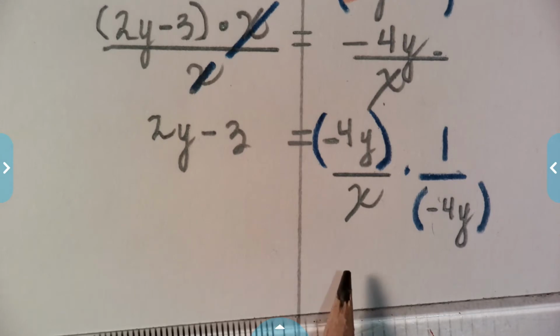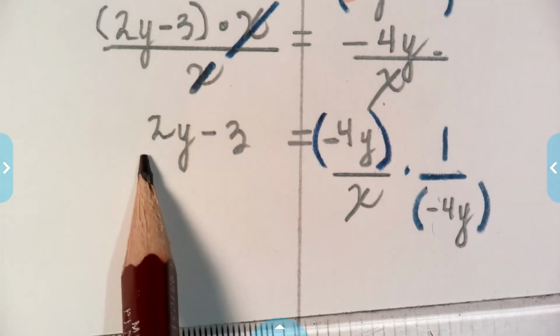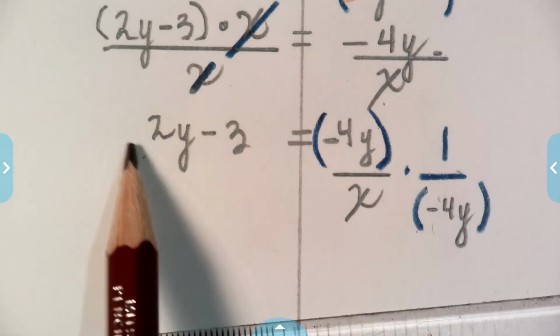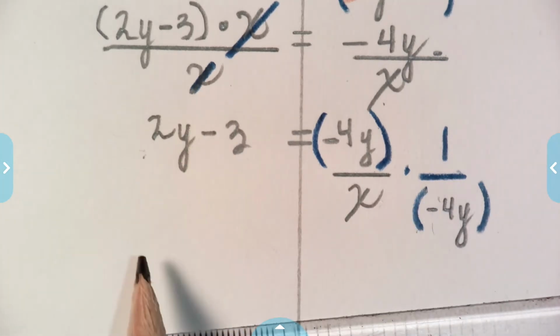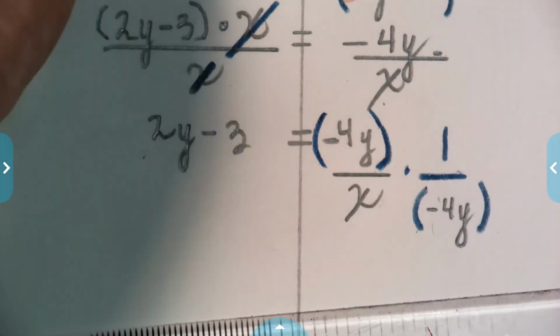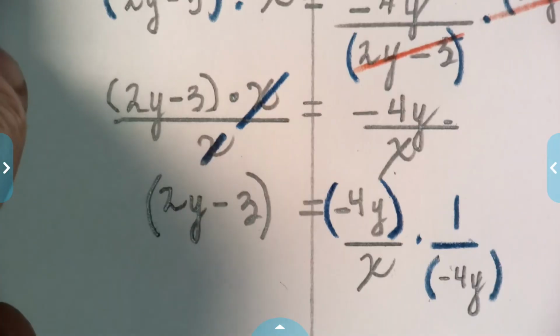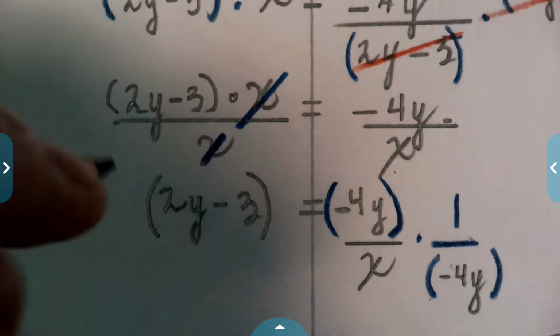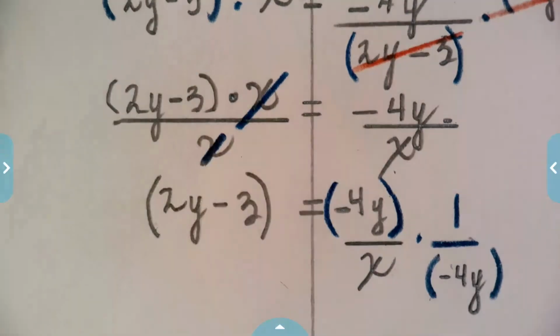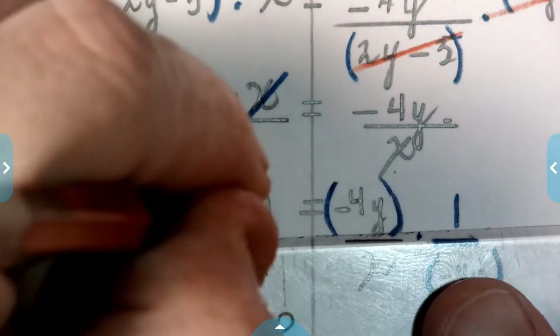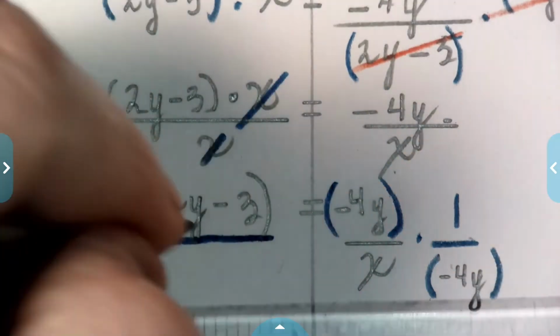And now be careful here, because when you go over to this side, you have to multiply by 1 over negative 4y. So just be very careful. I think it would be useful to go back into the parentheses here as I'm about to multiply by negative 4y. But if you notice, what I'm really doing is just dividing by negative 4y.